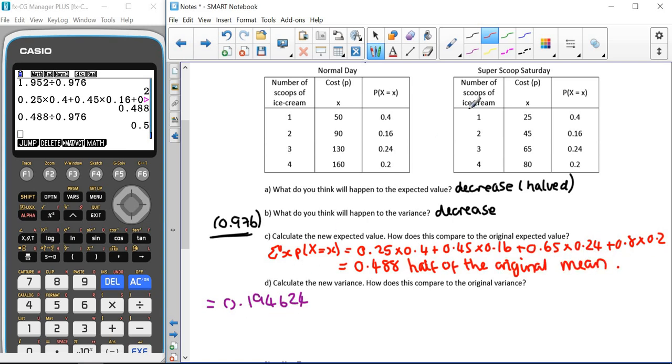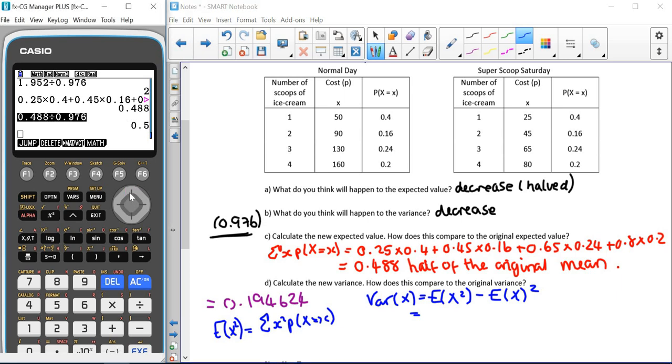Now it's wanting us to do the same with the variance. So this time we're doing the sum of x squared, p of x, for our E of x squared, sorry, which is part of our variance formula. For that, I am going to cheat a little bit because we're going to have to use this again, just to speed things up.